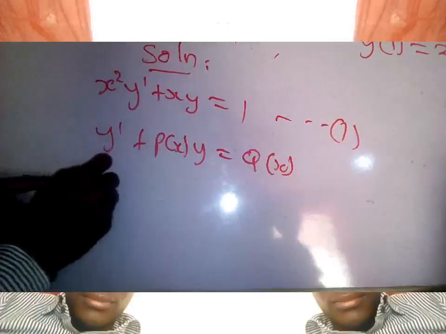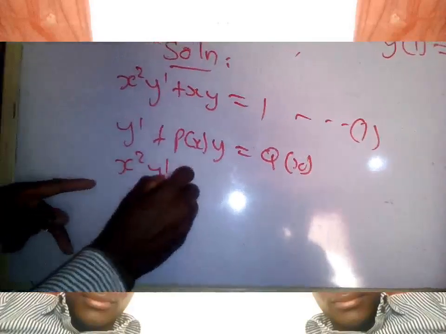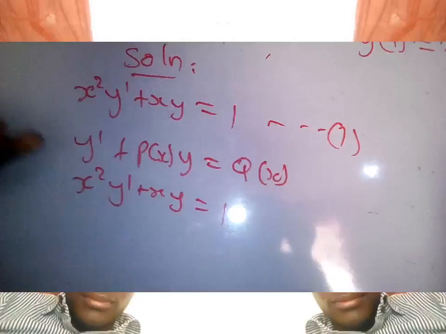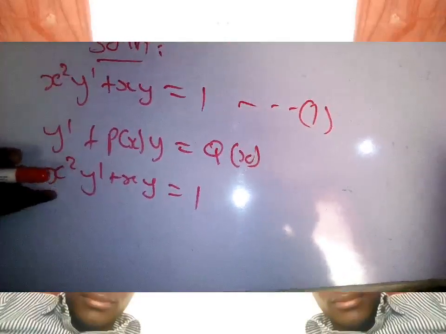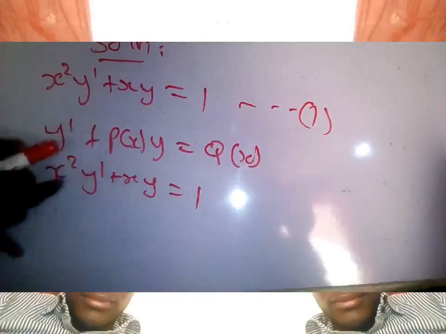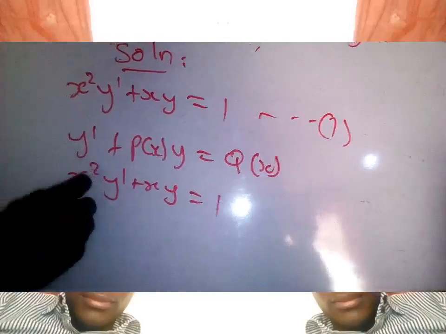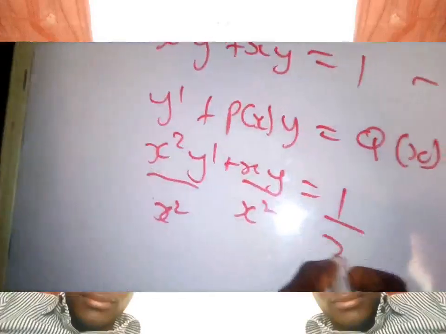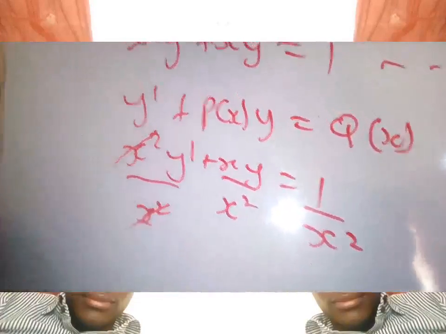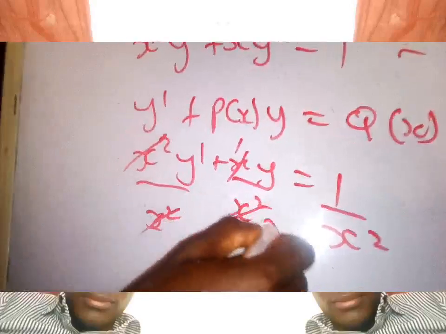From equation 1, I have x squared y prime plus xy equals 1. I want to have only y prime here. That means I will eliminate this by dividing through the equation by x squared. So this means x over x squared. If you divide through by x squared, this x squared cancels, and you have 1 here and x here.